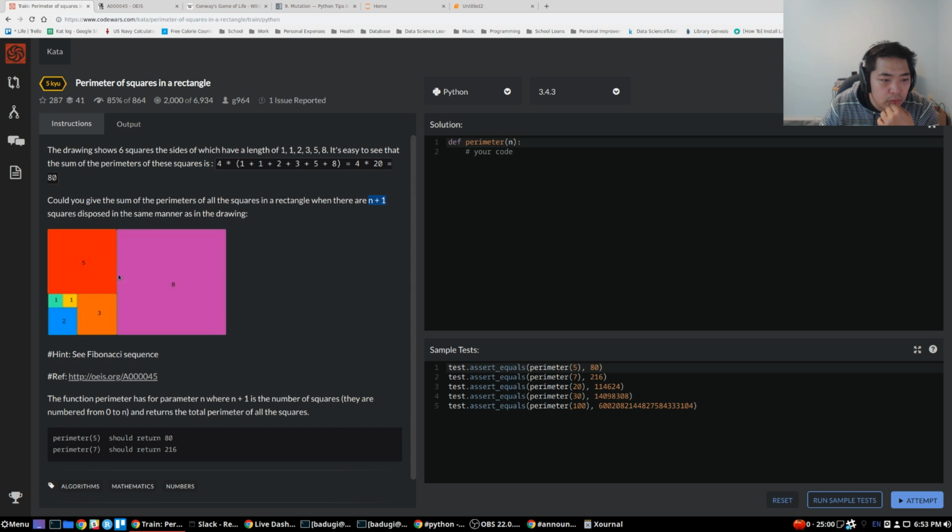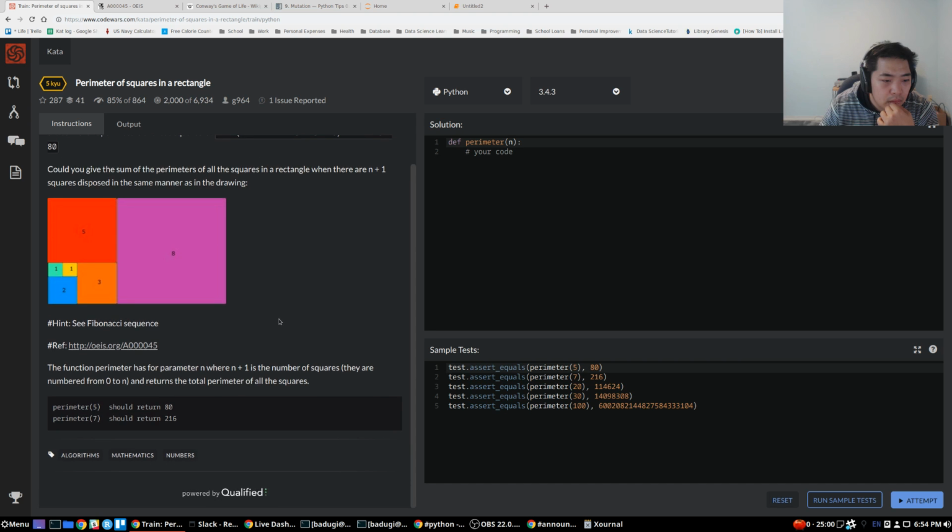So 1, 1, 2, 3, 5, 8. The function has a parameter n, where n+1 is the number of squares. They are numbered from 0 to n. And returns the total perimeter of all the squares.